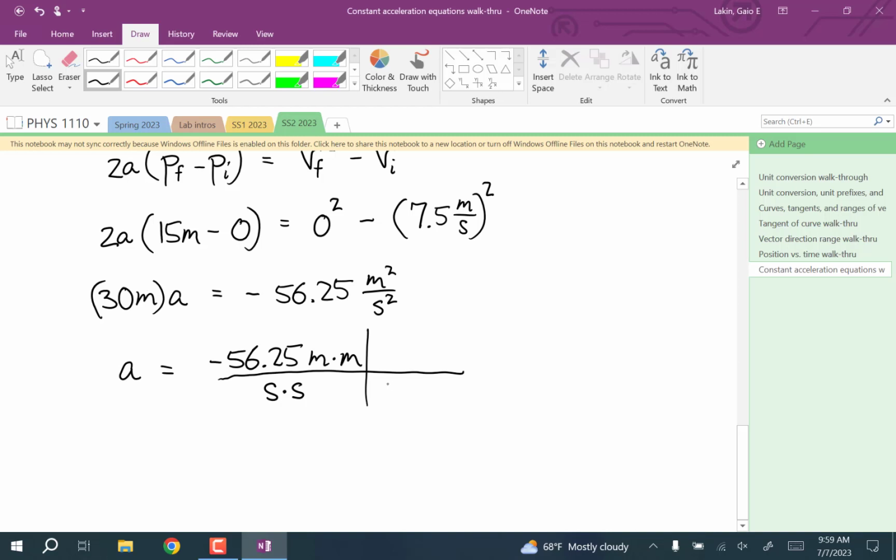And dividing by 30 meters is multiplying by the reciprocal. So you get those meters to cancel. And you get an acceleration of negative 1.875 meters per second squared.